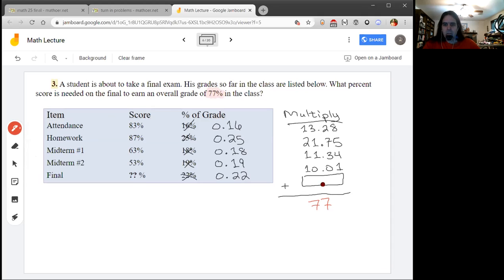So what is this number in the box going to be? If I add up all of these, how close am I to the 77? 13.28 plus 21.75 plus 11.34 plus 10.07, I'm at 56.38.